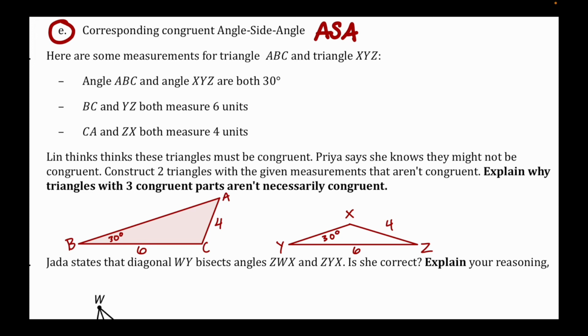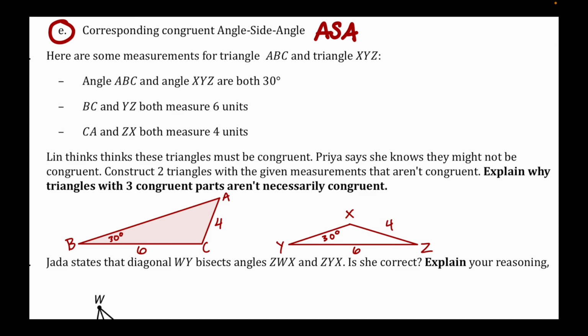So we have 2 pairs of corresponding sides, and we have an angle, but even though they're in the correct order and everything, 30 degrees, then 6, and then 4, 30 degrees, and then 6, and then 4, even though the order is right, 2 very different triangles.